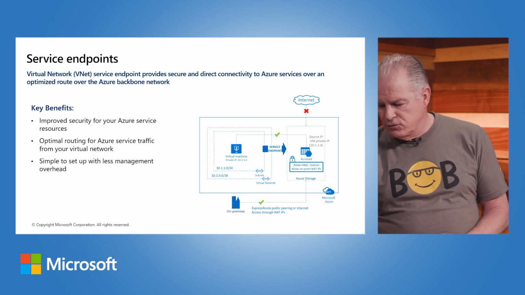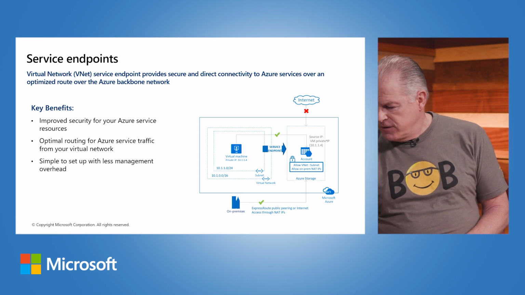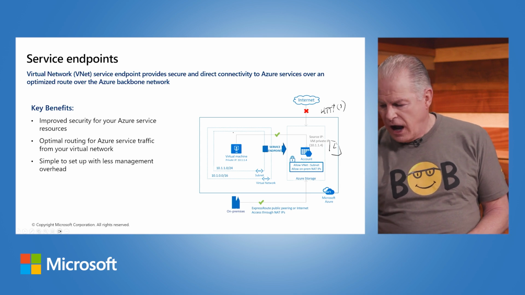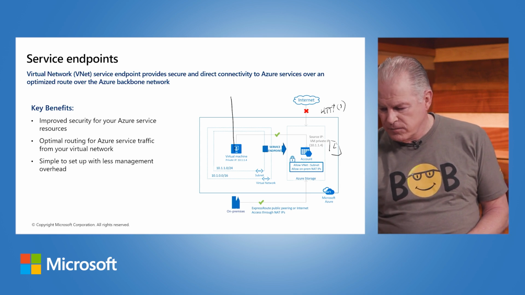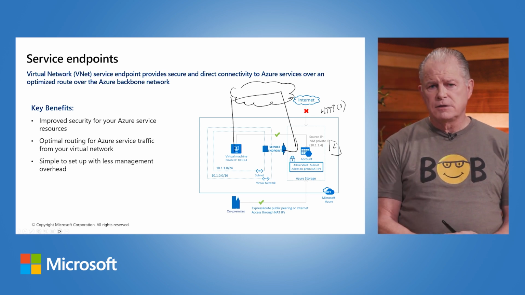If I were to draw this, if there was a picture in this storage account, and it was accessed over an HTTP or HTTPS communication, I would go out through Azure to the public internet and then back into Azure to access that image.